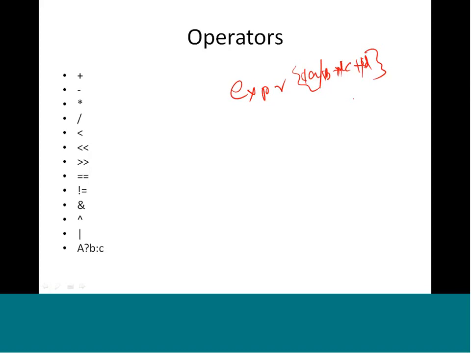So the operators that you can use within the expr command are addition, subtraction, multiplication, division, less than, greater than. This is a shift operator where it shifts the value to the left by so many bits.